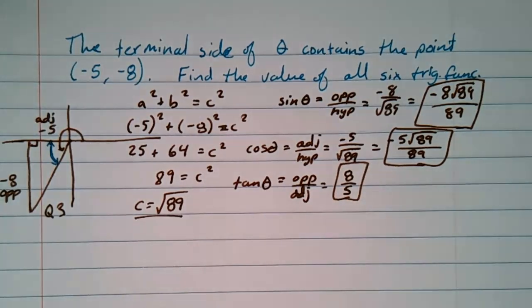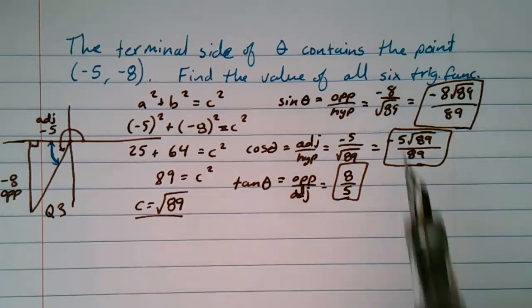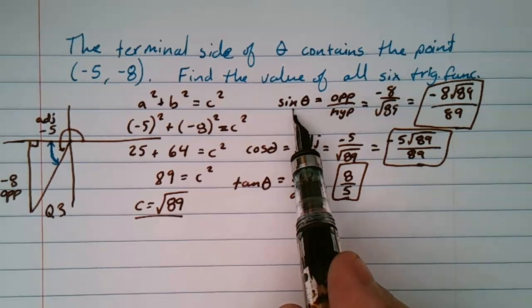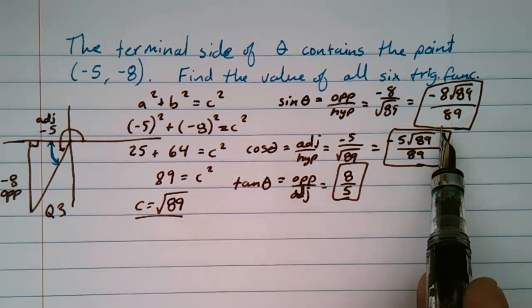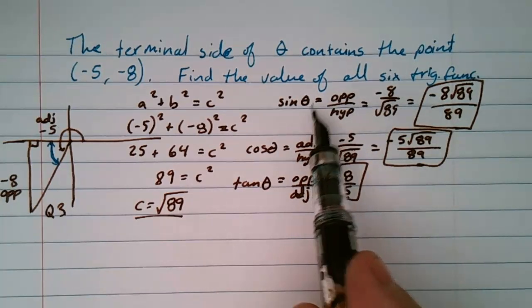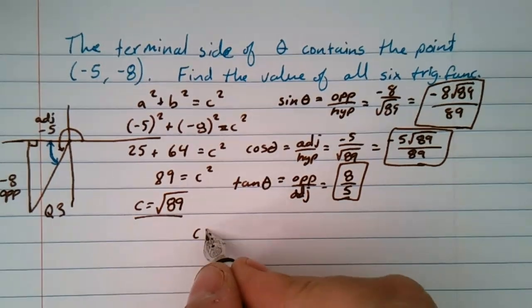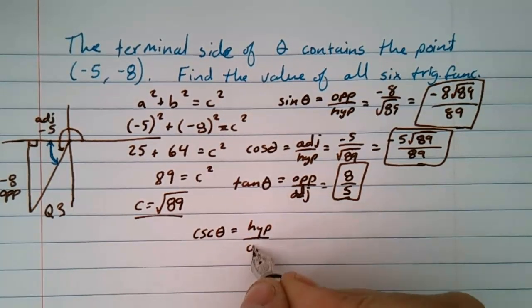Now, you have two options for your next functions. You can say that cosecant is the reciprocal of sine and flip one of these answers. Or you can say cosecant is hypotenuse over opposite. I don't really care which one you do. Since I've already done the flipping method, I'm going to use the definition method on this one. So I'm going to say cosecant of theta is hypotenuse over opposite.